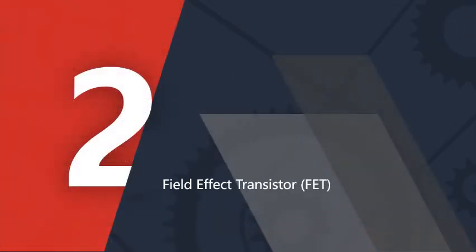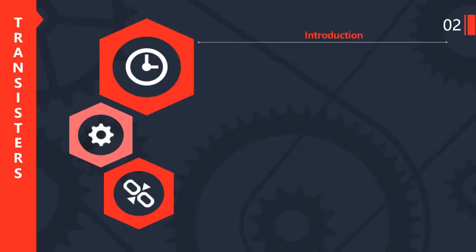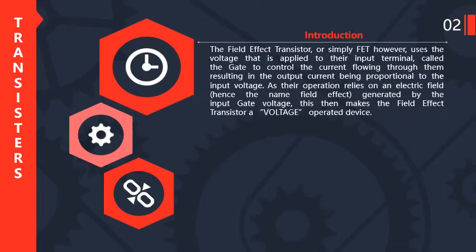Now the second topic is field effect transistor, in short FET. The field effect transistor, or simply FET, however, uses the voltage that is applied to their input terminal, called the gate, to control the current flowing through them, resulting in the output current being proportional to the input voltage.